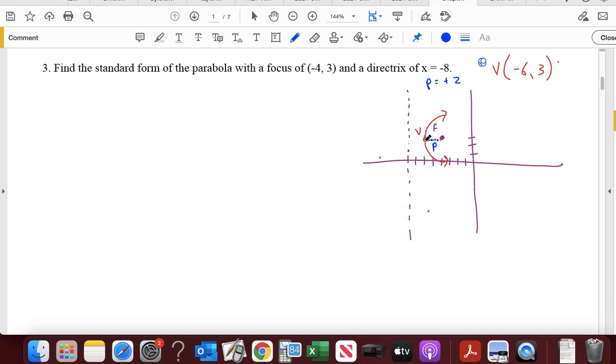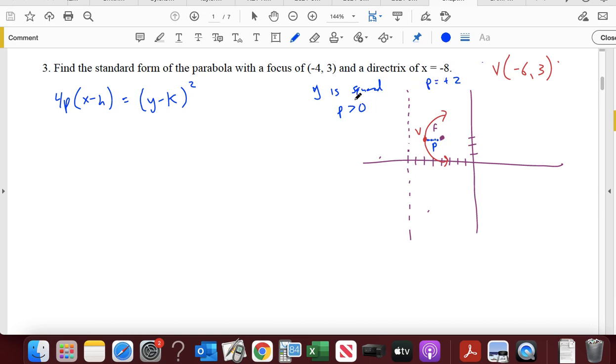Because remember, that distance from vertex to focus, if it goes either left or right, that means that the y is squared. So y must be the one that's squared because we're a left-right parabola. And because I went right from vertex to focus, that must mean that p is greater than 0. So I'm using my formula where I've got 4p(x − h) = (y − k)².